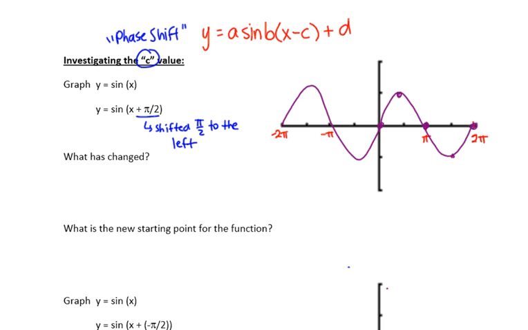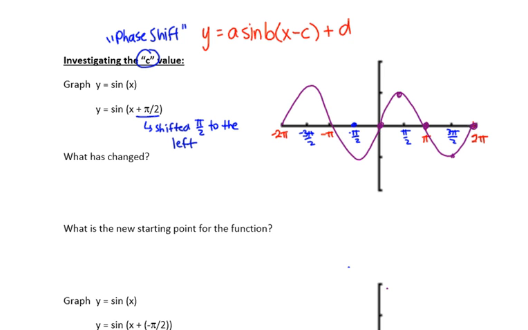I'm going to graph, let's use blue. Remember, this is negative pi over 2, negative 3 pi over 2, pi over 2, and 3 pi over 2. So we're going to take our graph and shift all our points pi over 2 to the left. So this point here moves there. Okay, this point of pi over 2, where is it going to be now?